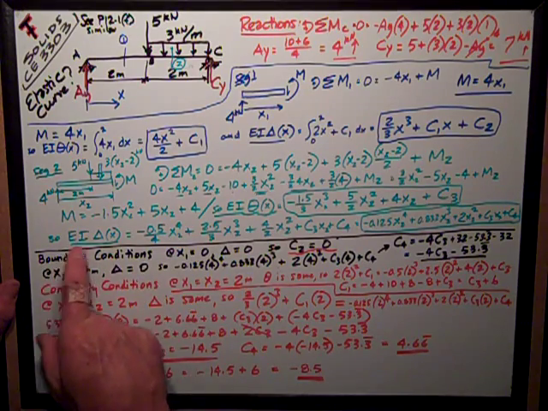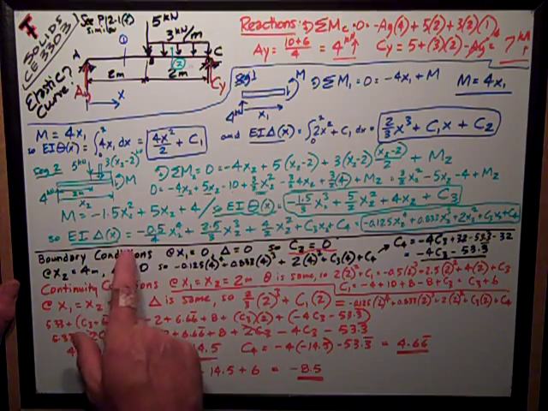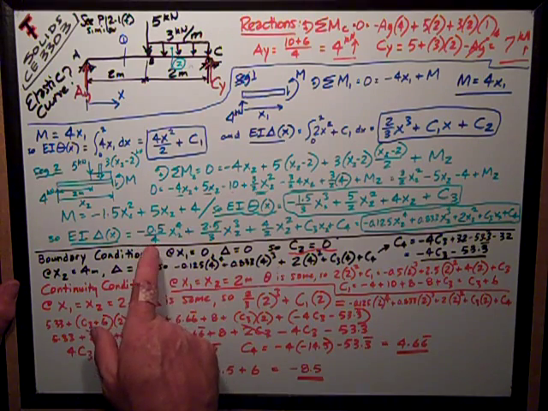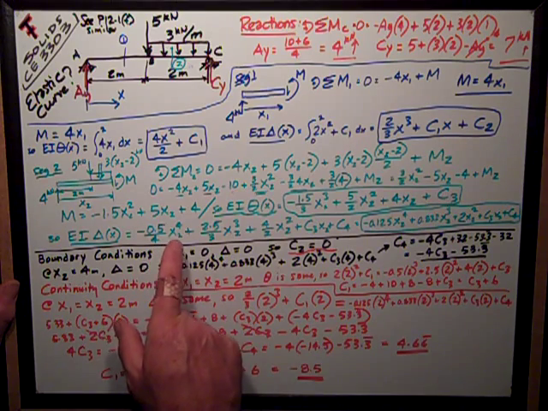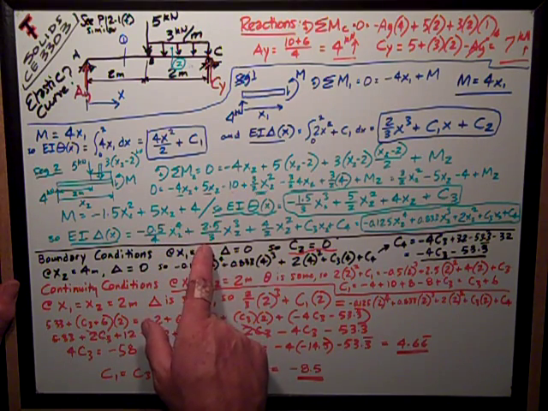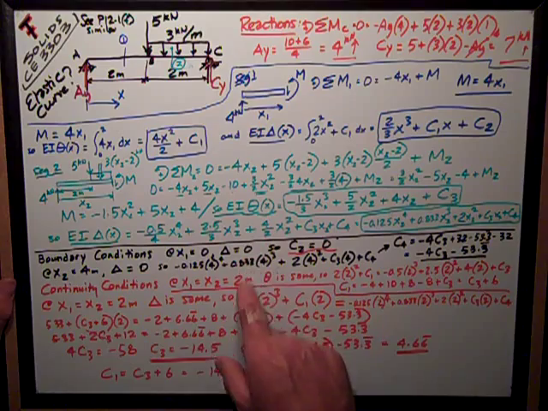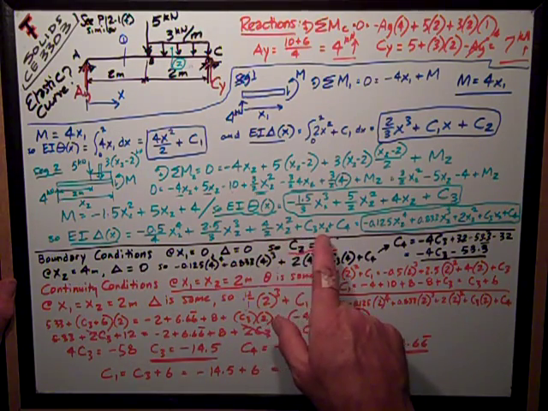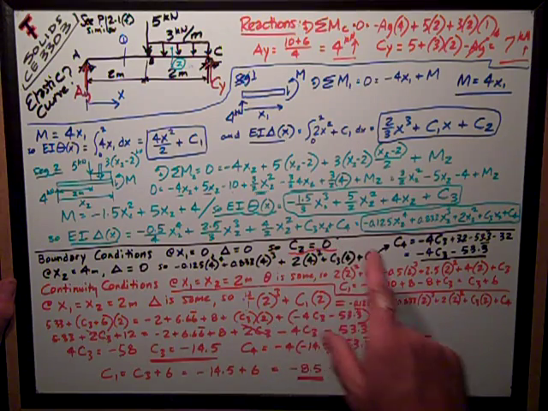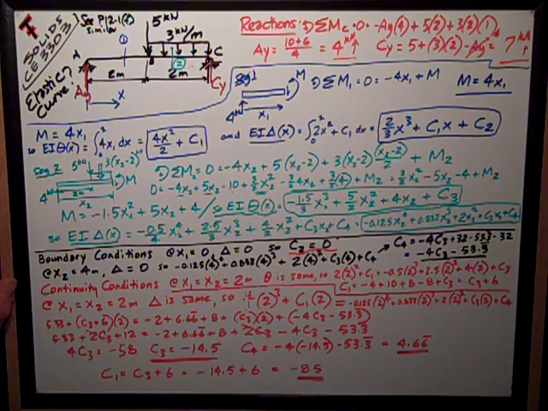Integrate that again to get my deflection in that section, and I get this expression: negative 0.5 over 4 x to the 4th plus 2.5 over 3 x cubed plus 4 halves x squared plus C3 times x plus another constant of integration, C4.